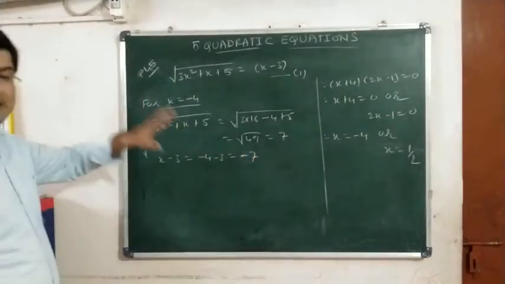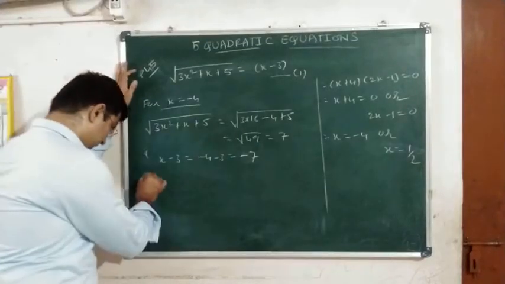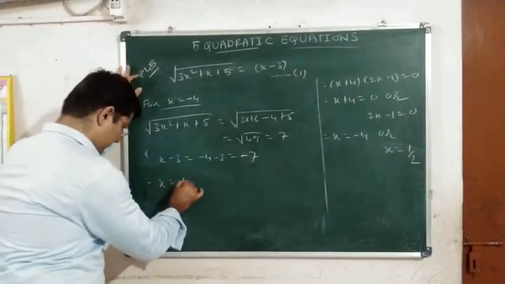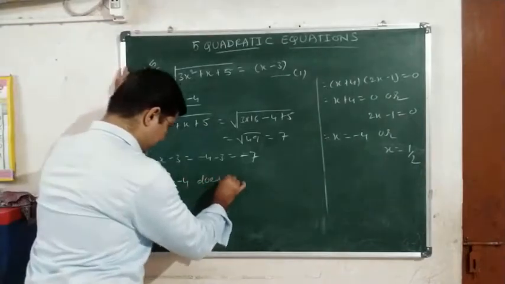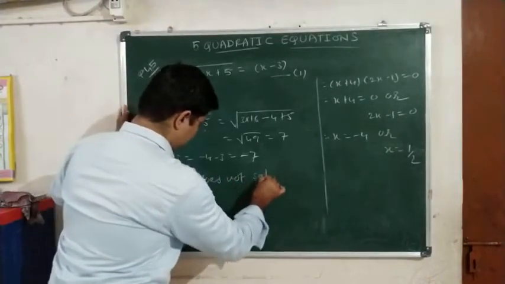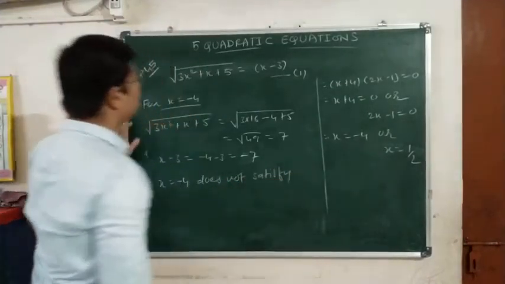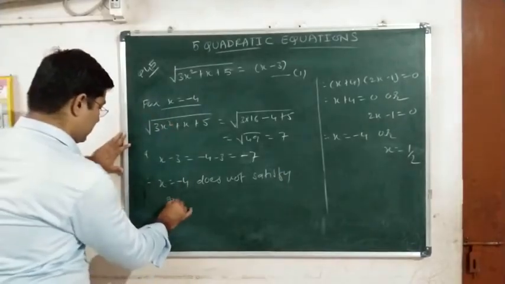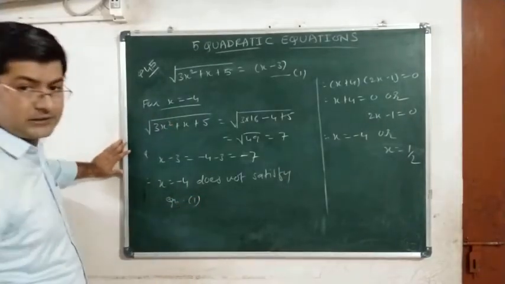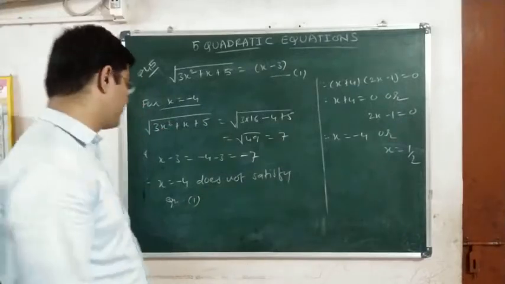So LHS and RHS are different, and therefore we will write down x is equal to minus 4 does not satisfy equation 1. So x is equal to minus 4 is not a solution.